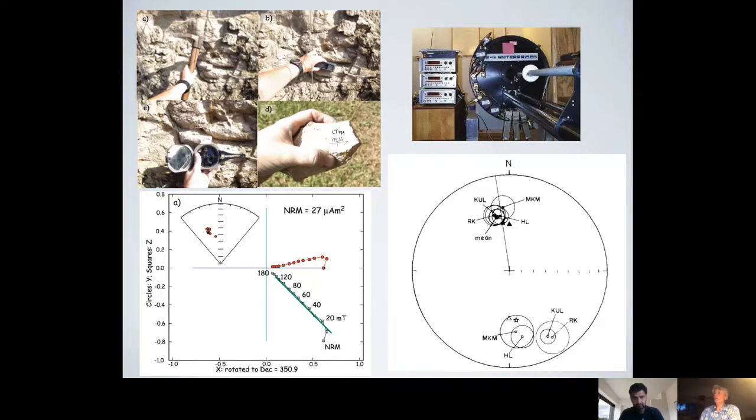And then as part of this experiment, you progressively demagnetize the vector.